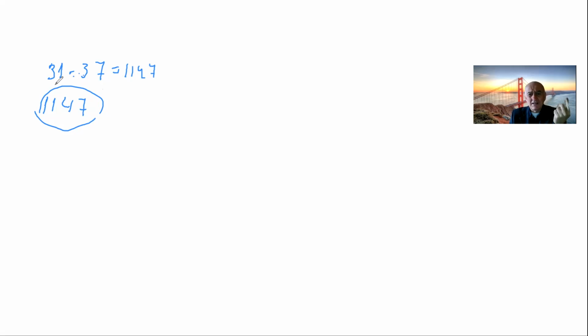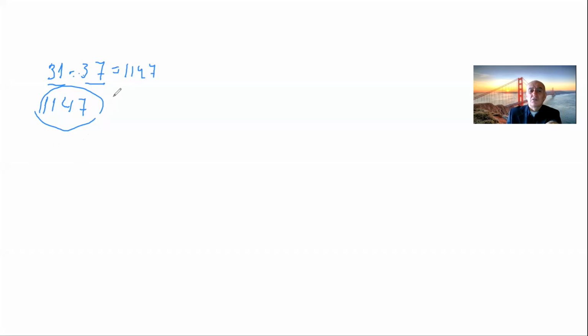And the question is, what happens if we have not two-digit prime numbers, but, for example, 500-digit prime numbers? In this case, a modern computer can multiply 500-digit numbers in a few seconds.